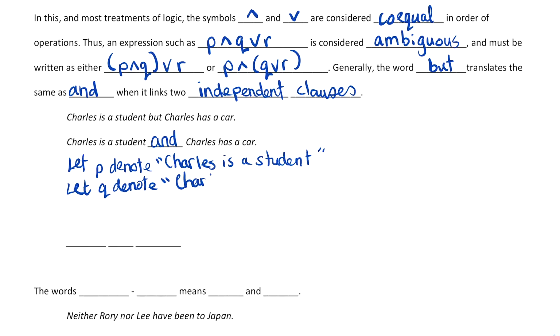Charles has a car, then if we wrote this in the common form, what would it be? Well, we would have, good, P and Q. That would be our logical expression.